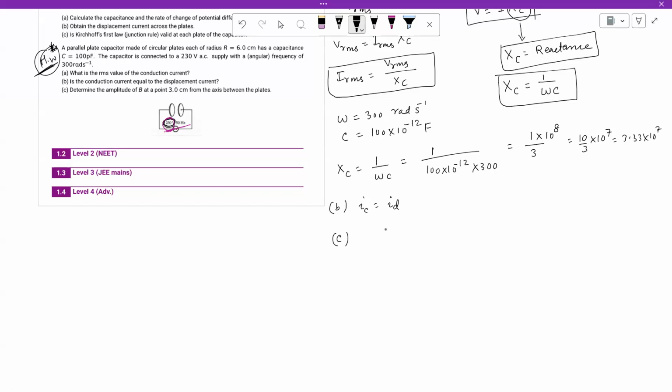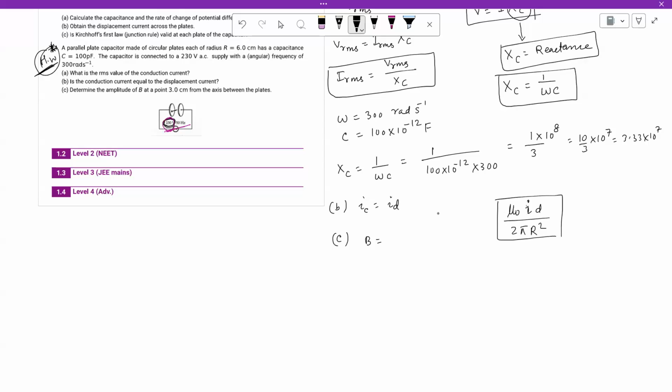So what is the magnetic field of this circular disk? It is mu naught I by 2 pi r, something like that. So this is the magnetic field of the disk at some distance, right?